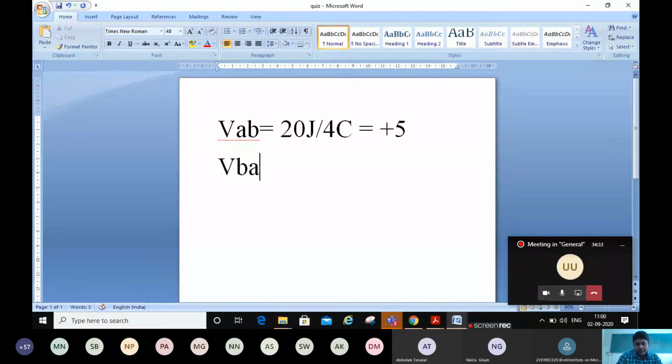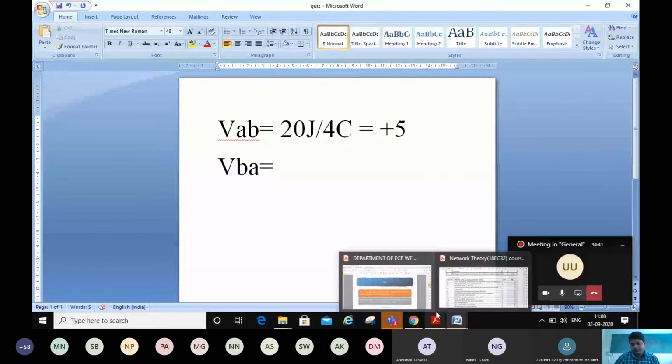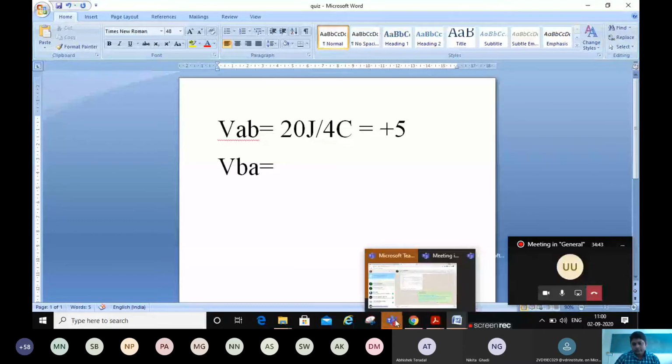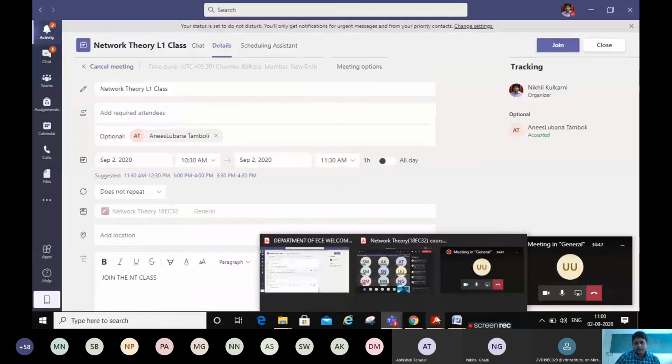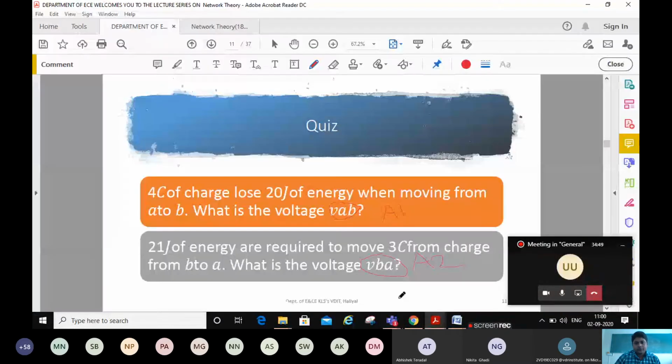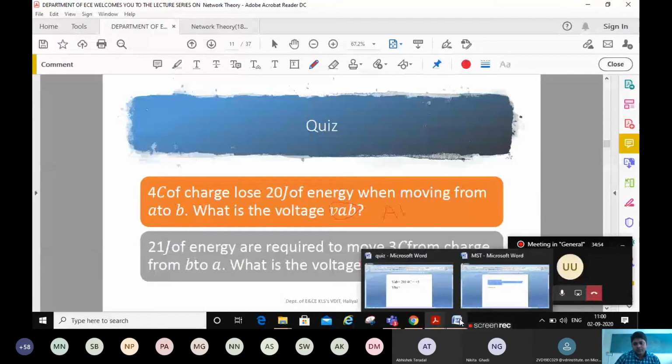But what about VBA? VBA is in opposite direction, right? What are the values given? The value is 21 joules and 3 coulomb of charge.